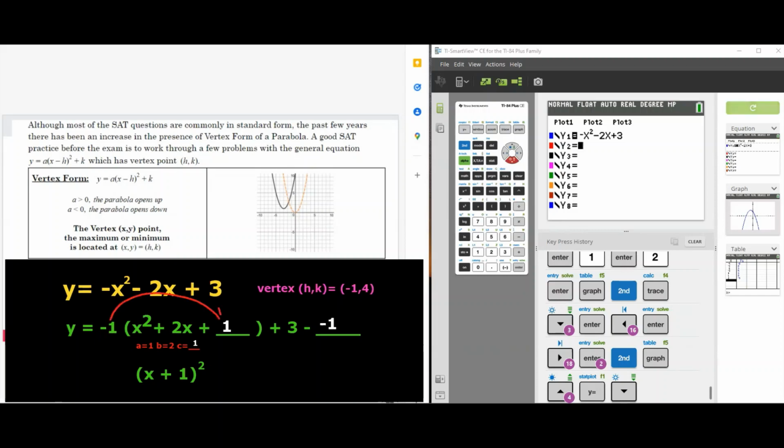That means we really added -1 to the right side, so we have to subtract the same amount. And that will make it 3 plus 1, or plus 4, when we combine like terms.